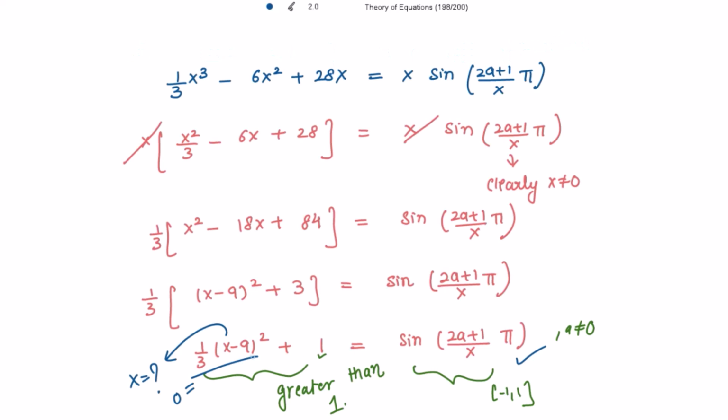Let's write this as: the left hand side is greater than or equal to 1, and equals 1 if and only if 1 over 3 x minus 9 whole square equals 0. Then only the left hand side becomes 1 if this is 0, right?